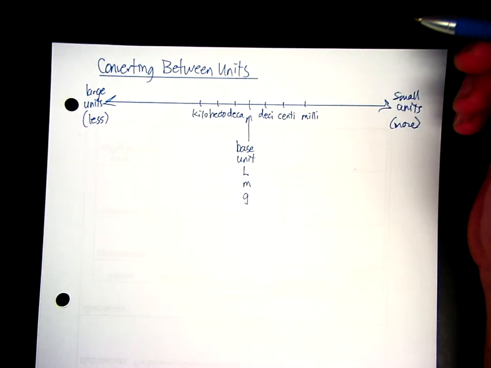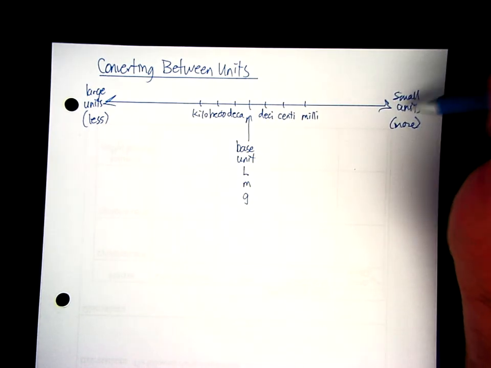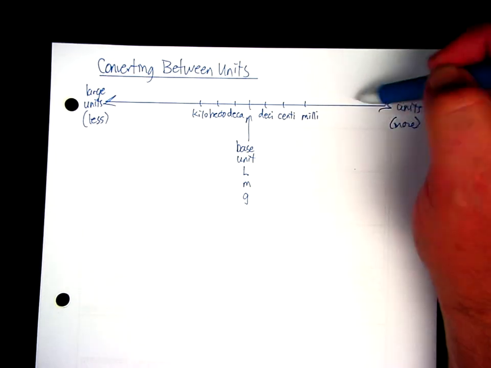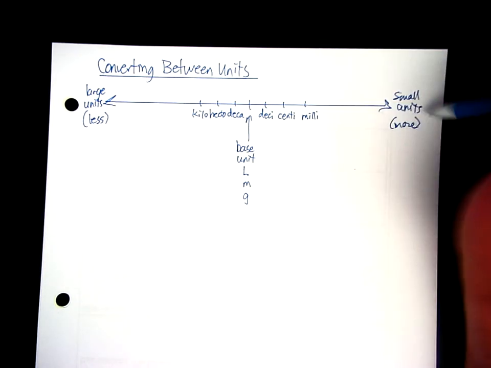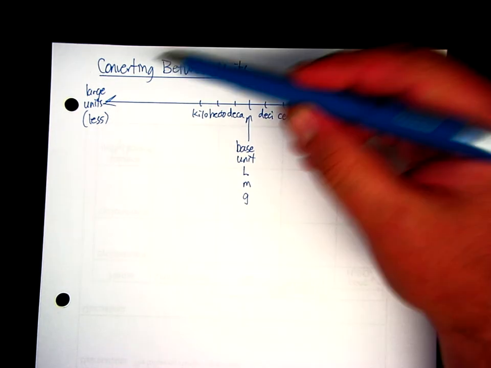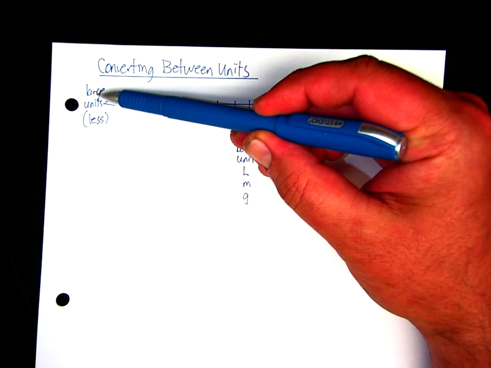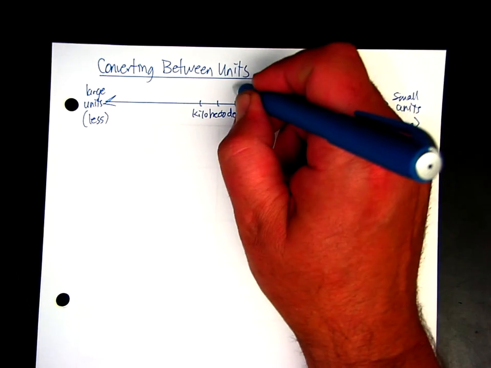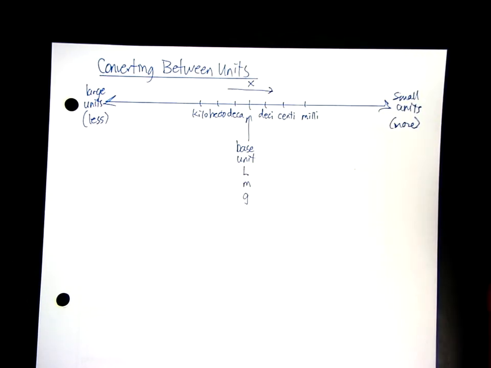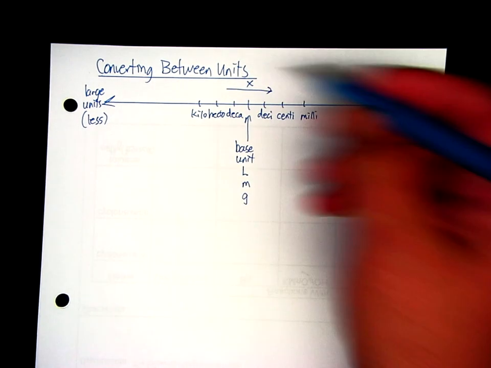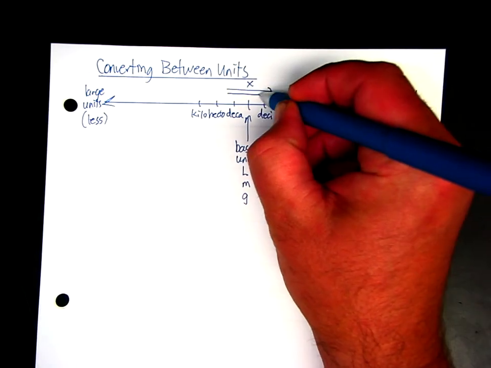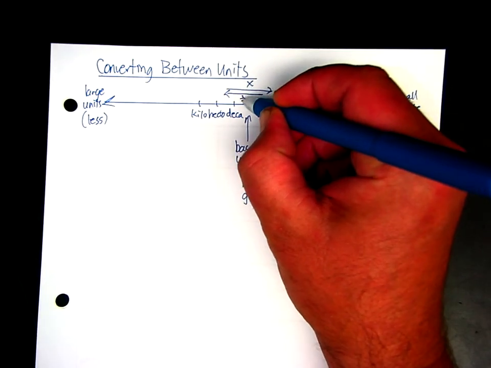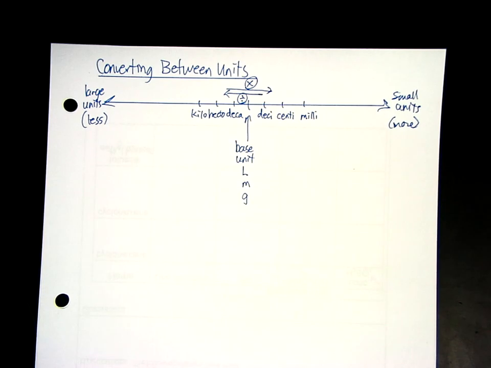This is the way I kind of think of things. Down here at this end, we've got the small units. We need a lot of them. Way up here, we've got the larger units, so we need less of them. So if we need more, we're going to have to multiply going in this direction. And if we want less, we're going to have to divide, so go in the opposite direction. That's a good way to think of things.